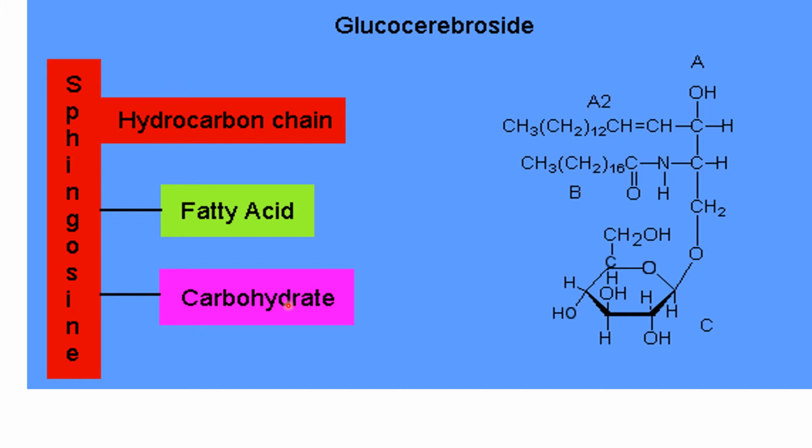So glucocerebroside is mainly made up of ceramide plus glucose, and you can see here the glucose which is attached to the fatty acid and the sphingosine alcohol.